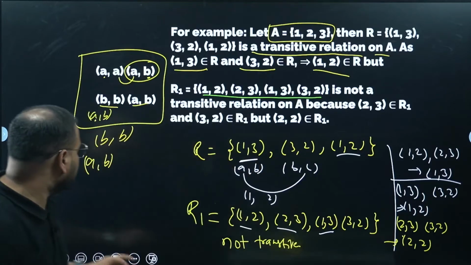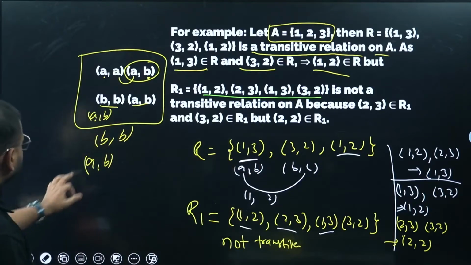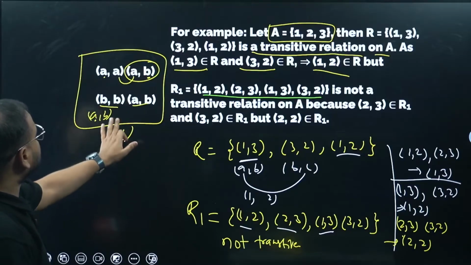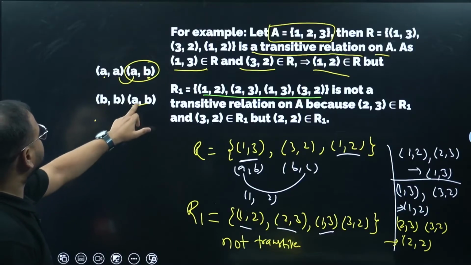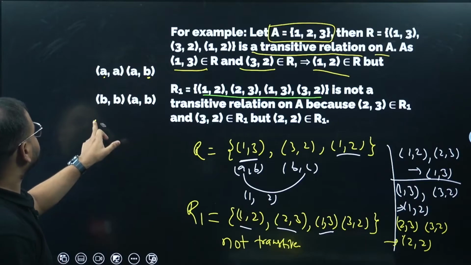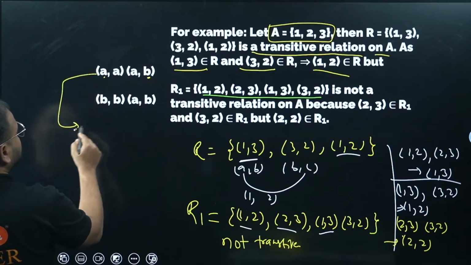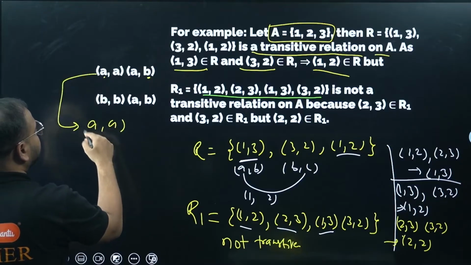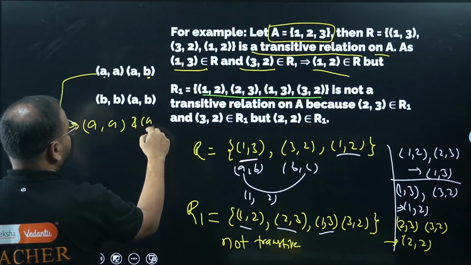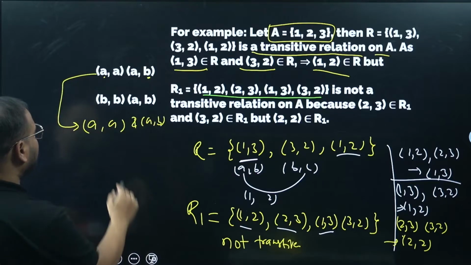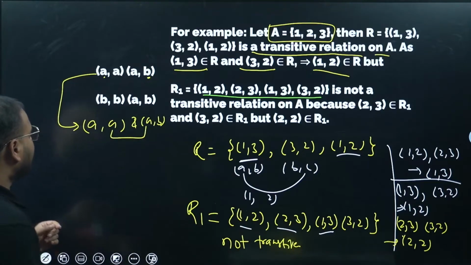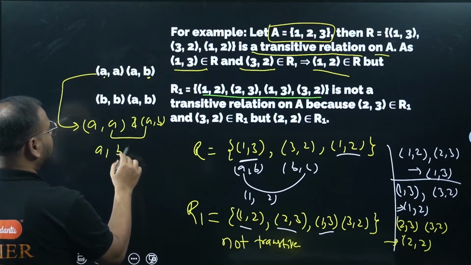Okay, confusing? Let me explain this. This is kind of important. So I'll explain both of them one by one. Let's take the first one. I have (A,A) and (A,B). Compare this. If this is there, it means (A,B) has to be there.